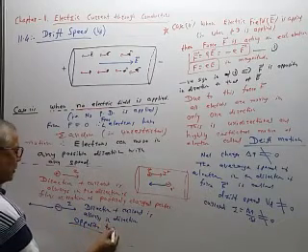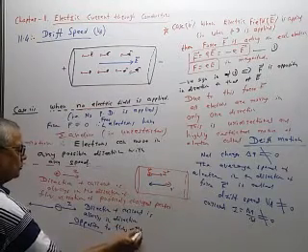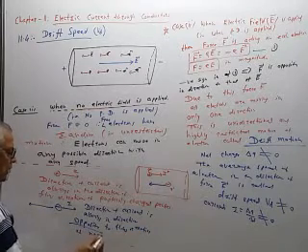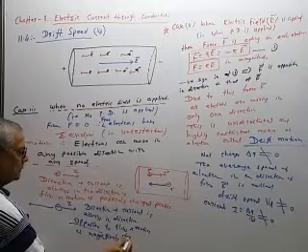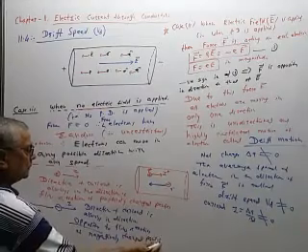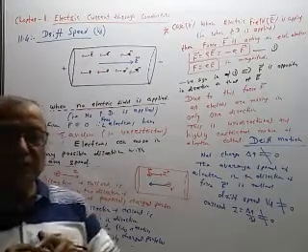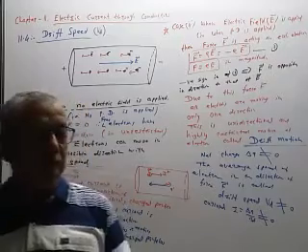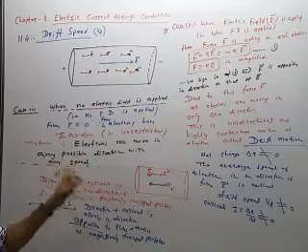It is always in the direction opposite to flow or motion of negatively charged particle. So these are the convention. The electron flow direction is opposite, and we always see the current flowing in the opposite direction. So this is the rule convention for deciding the direction of the current.